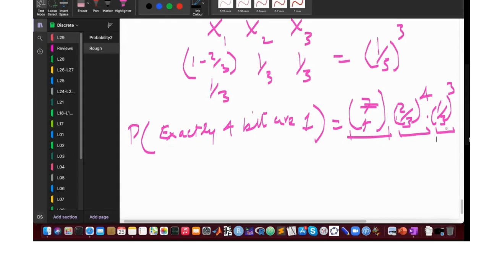Okay, once you have picked those जो हमने यहाँ पे pick किए, you need to make sure कि आप pick तो आपने कर लिए, अब वहाँ पे head ही होगा. उसके लिए आपको ये करना पड़ेगा, जो success की probability है उसकी power the number of successes, okay, times failure की probability to the power the number of failures.